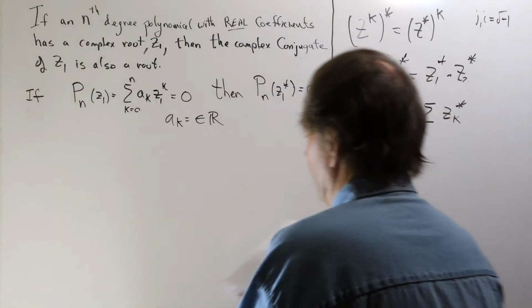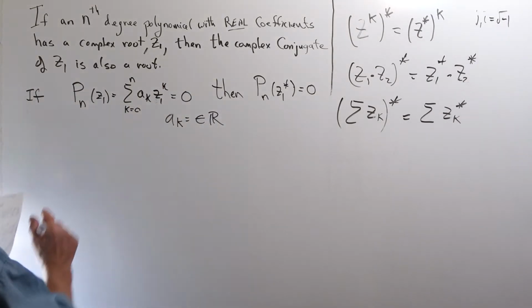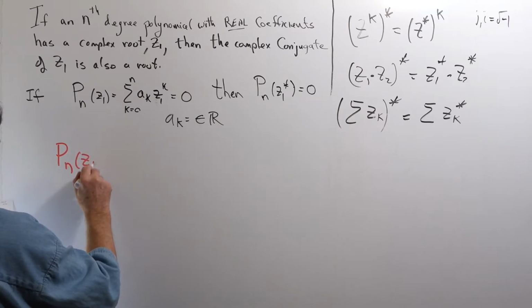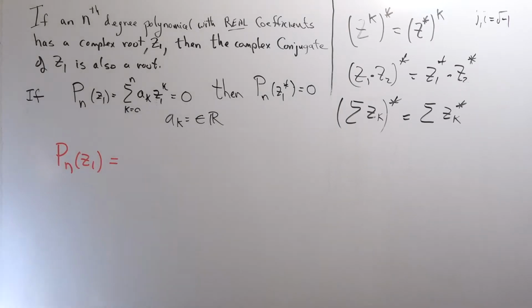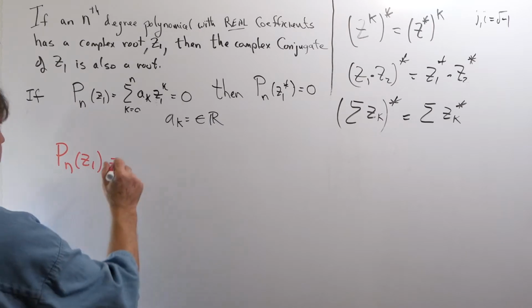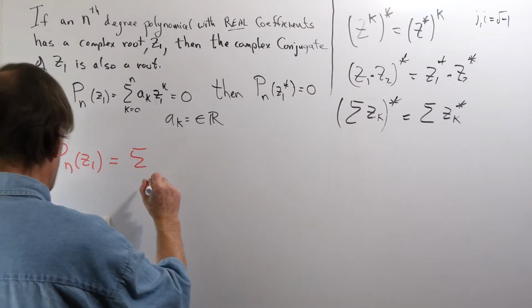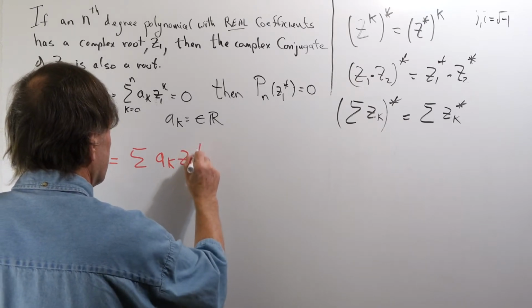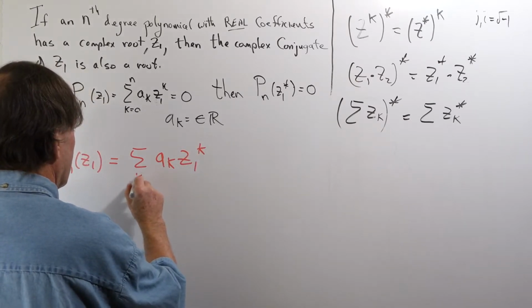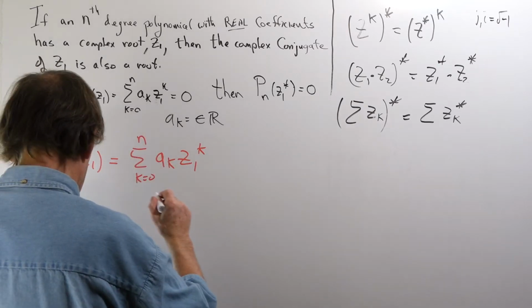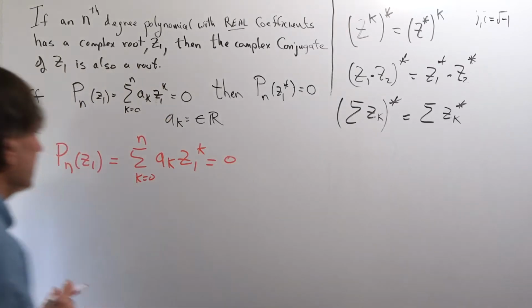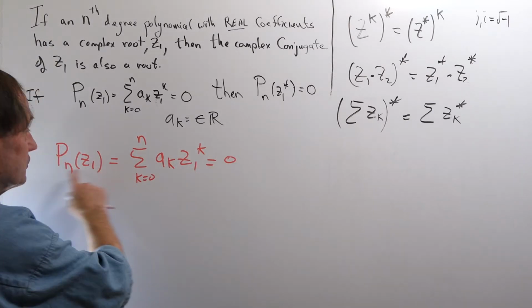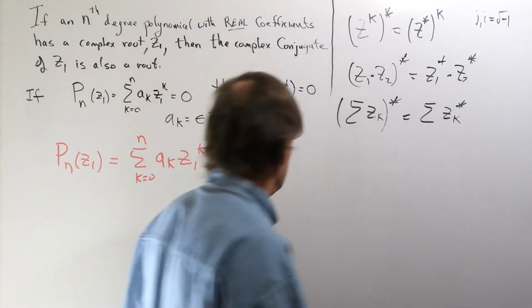Let's consider Pn of z1. Okay, z1 we know solves the equation. So this is the sum of our ak coefficients, z1 raised to the k power, k equals 0 to n. We know that to be true because we've assumed that z1 is a solution to this polynomial equation.